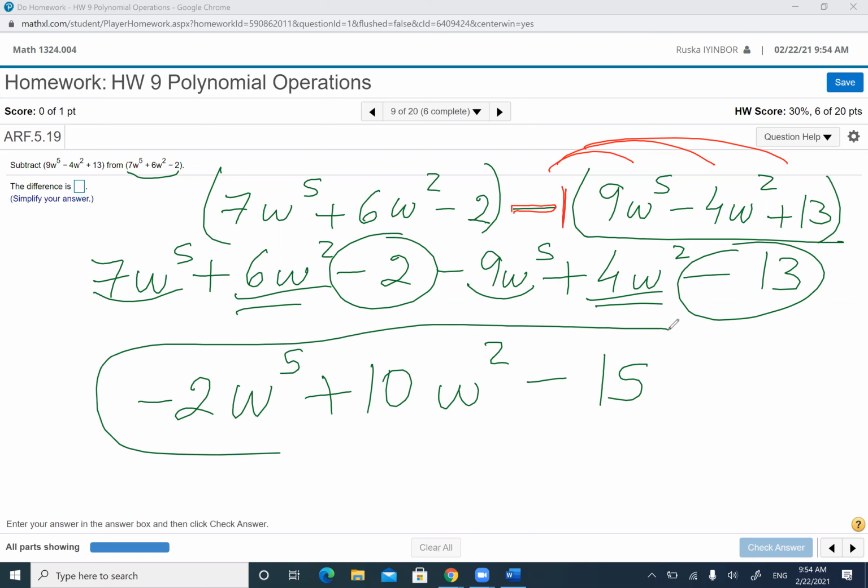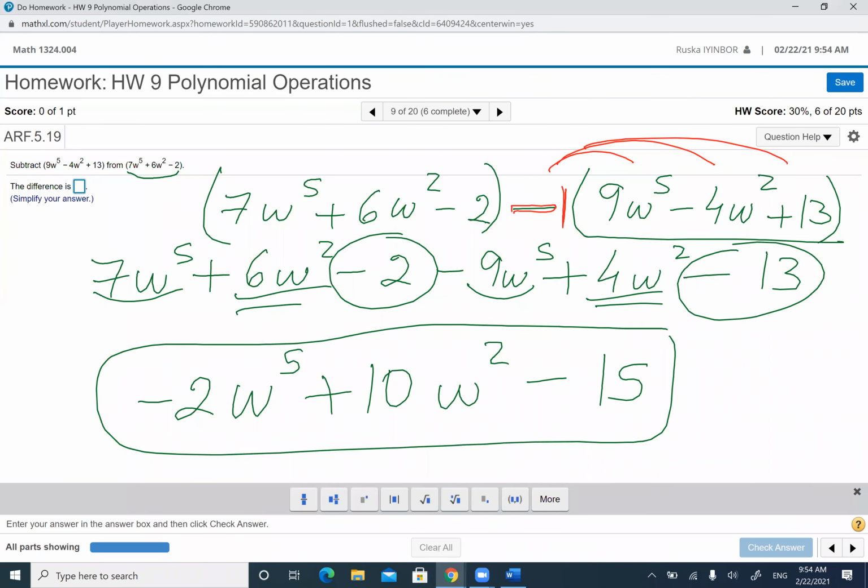That should be my final answer. Everybody understanding this? Be careful when you subtract from: the one goes in front. I'll put the answer for you to double check: -2w to the 5th plus 10w squared minus 15.